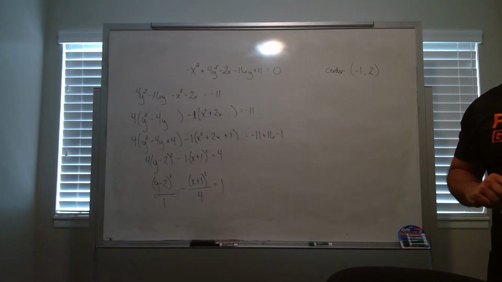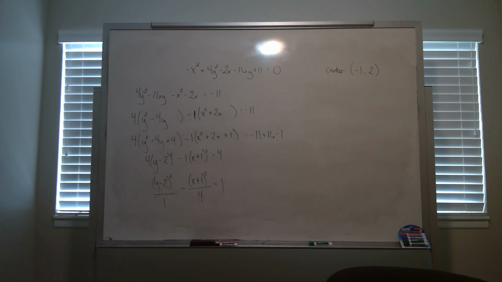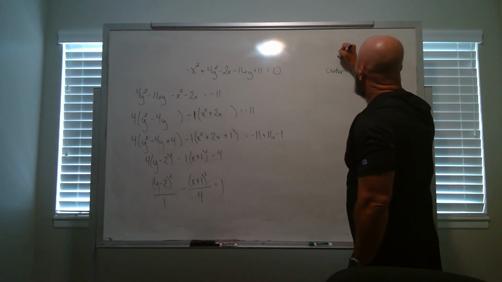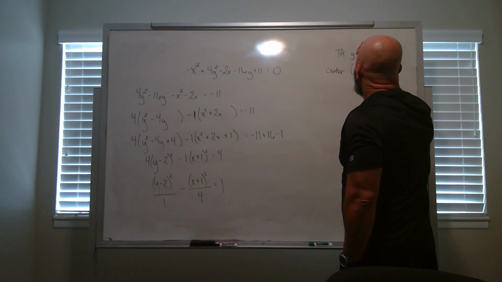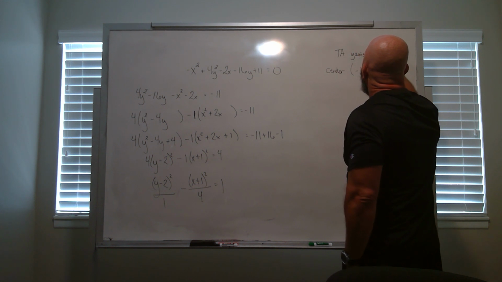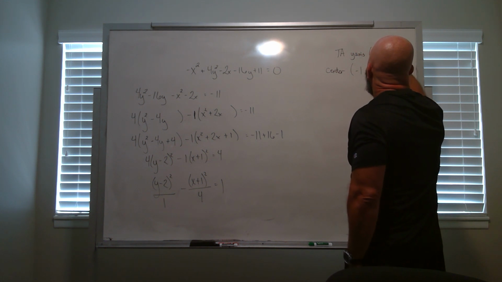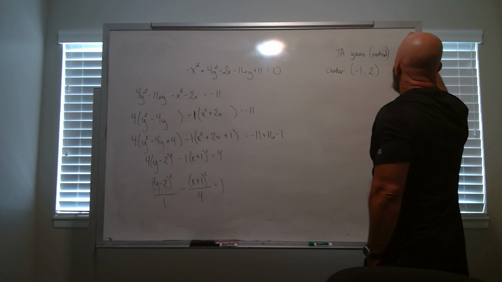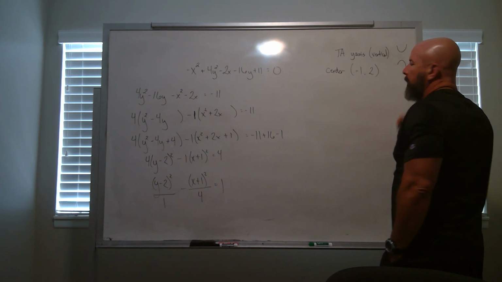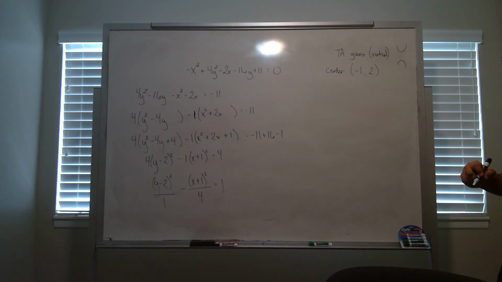I need my a value, b value, c value for all my different pieces. I already said the transverse axis is the y-axis. Write that up there, TA y-axis, or you can think of it as a vertical hyperbola. So in other words, I've got one going up, one going down. That's what I'm looking for.